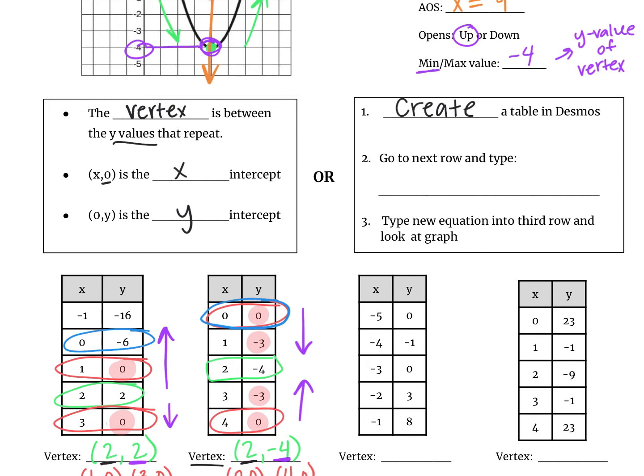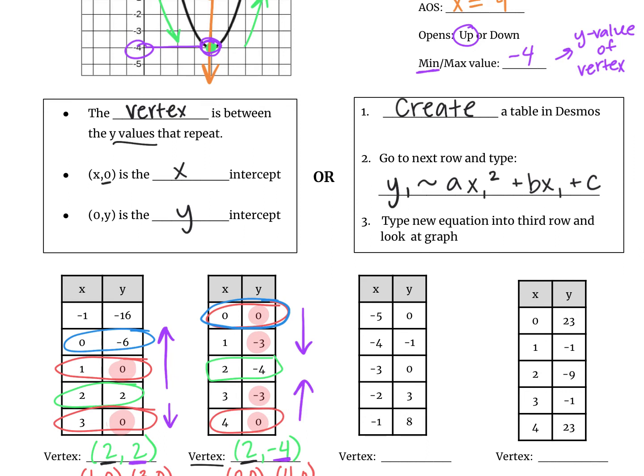So how you'll type this in is you'll have y1 with a tilde, ax1 squared plus bx1 plus c. Once you have that typed in, then you'll have all the parameters show up for your new equation. You will type that equation into the next row, and then you can just look at the graph like we did before for your key properties.